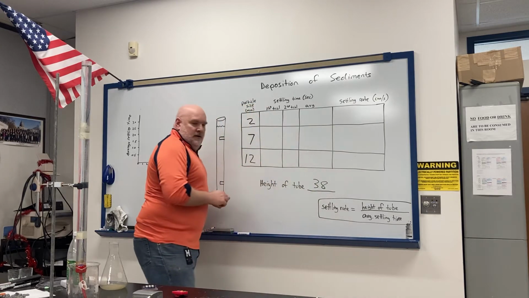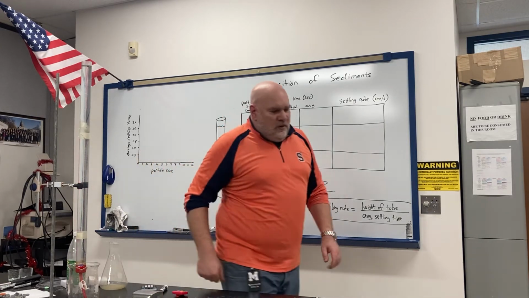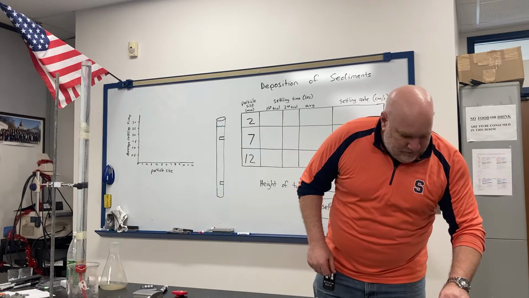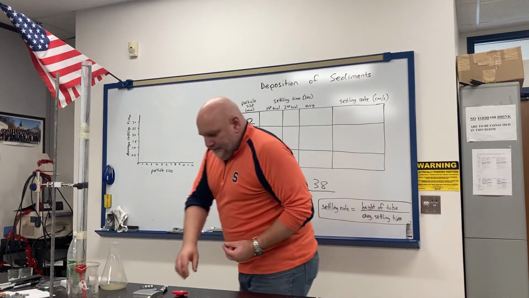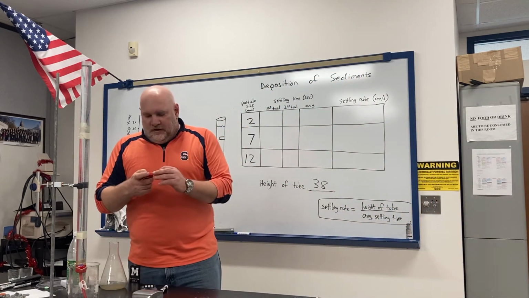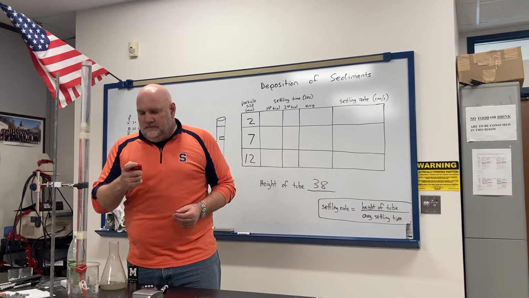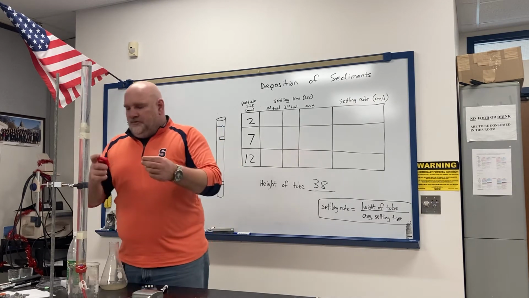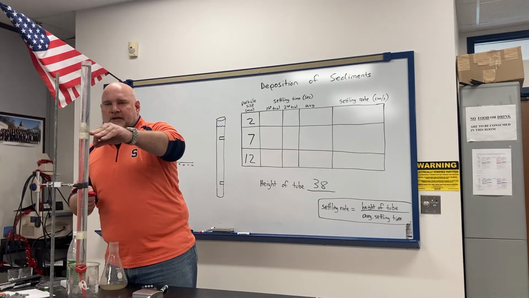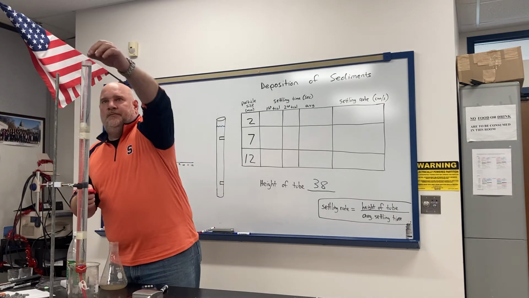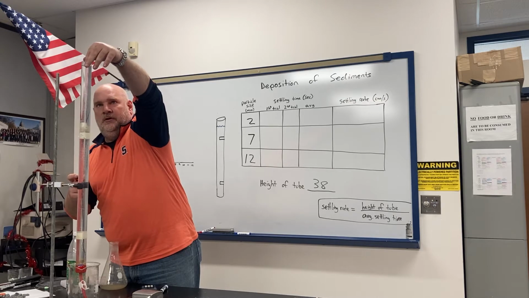All right. Next. Over here I have my particles. I'm going to drop my little particle first. I'm going to drop it in here. Again, I'm going to start there and stop there. All right, so the first one.